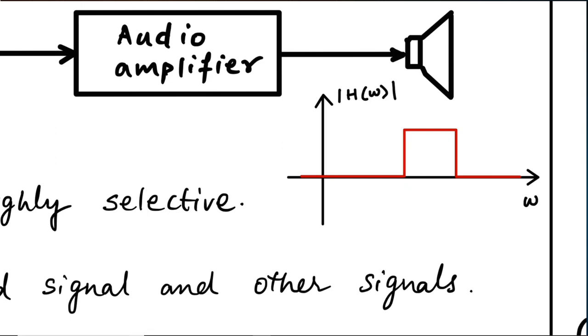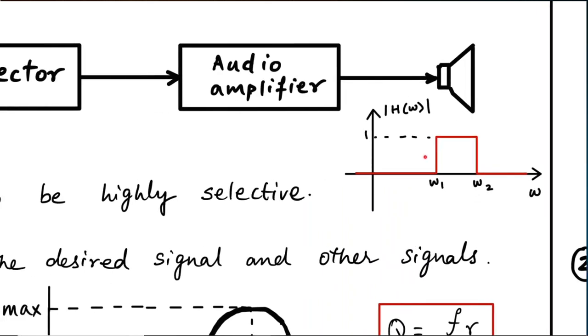So this would be my omega 1 and this would be my omega 2, and say the height over here is 1. So that would be an ideal bandpass filter that allows frequencies between omega 1 and omega 2 to go through, right? So that's how I'm doing the selection of that desired signal, which means that's what I'm using to extract the message from the carrier.